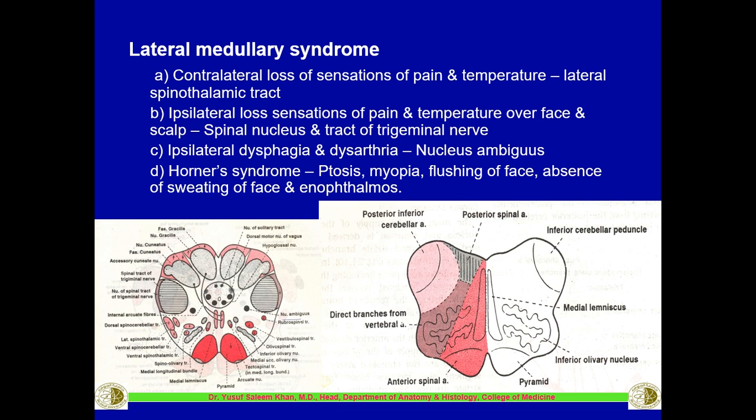So this is called ptosis. Then there will be myosis, flushing of the face, absence of sweating of the face, as well as anophthalmos. All these symptoms lead to a syndrome called Horner's syndrome. So all this can be seen in lateral medullary syndrome, which is due to the thrombosis of the posterior inferior cerebellar artery.